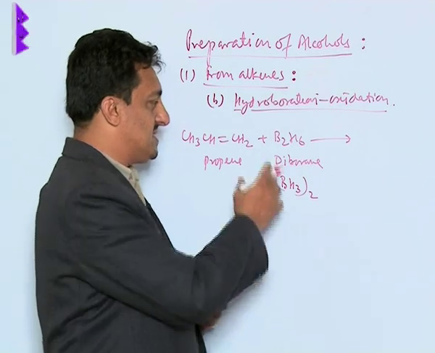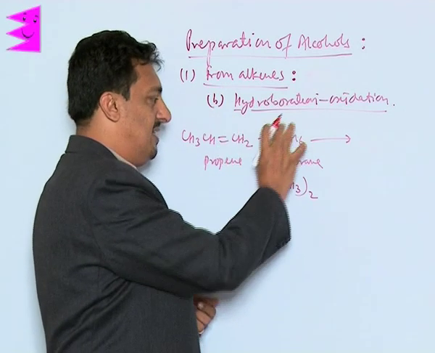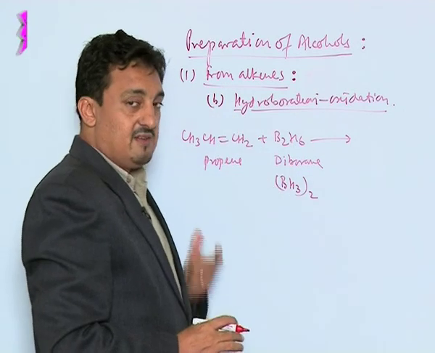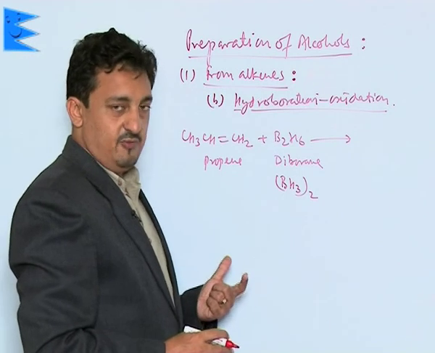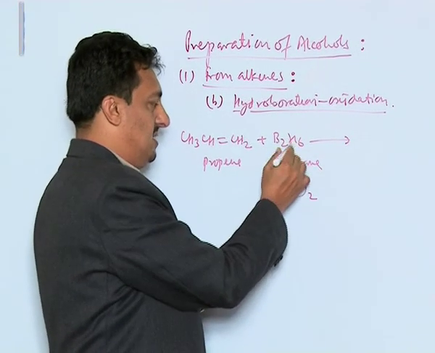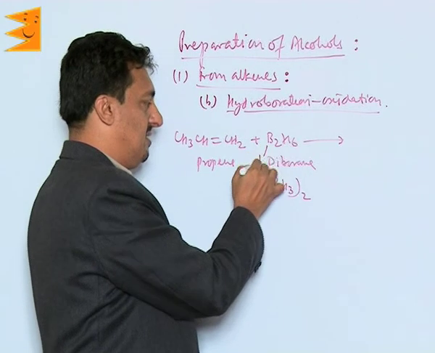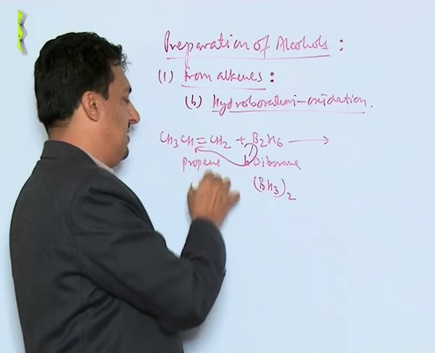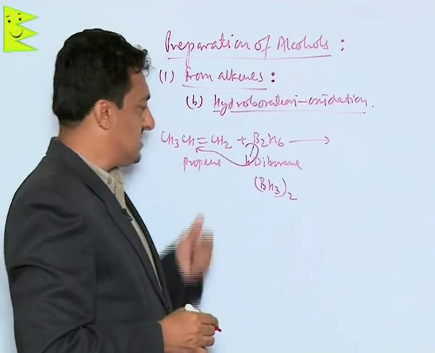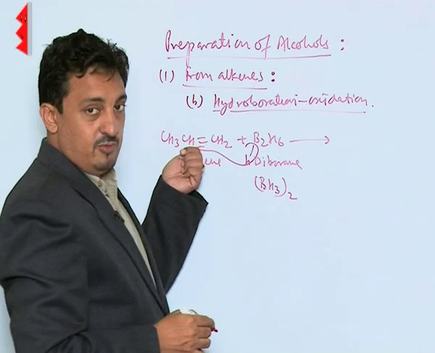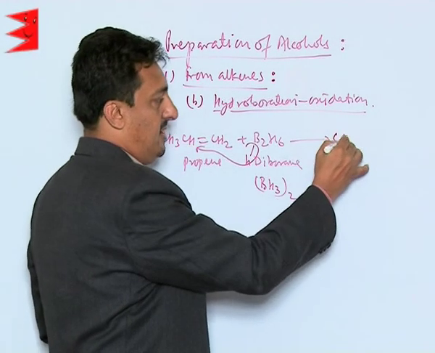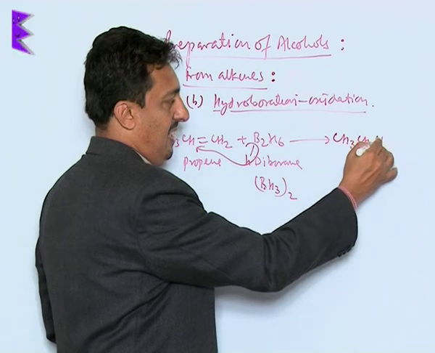Now when alkene is reacted with diborane, trialkyl borane is formed. One of the hydrogens from here will come out and attack this carbon as a hydride on the more substituted carbon, and the product obtained will be somehow like this.